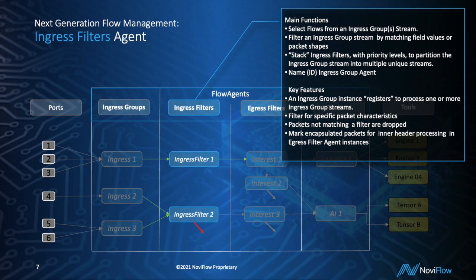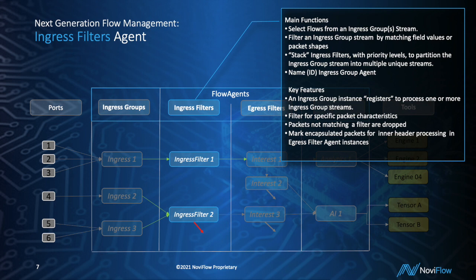So the main functions now on this: first thing is, for this instance, where am I getting my data? And that's registering for, okay, I'm going to get my data from Ingress group 1. And then I'm going to filter on it. We have a huge number of filters you can do. What's really interesting is you can filter by field values, like the source IP or destination IP or protocol. But you can also filter on shape.